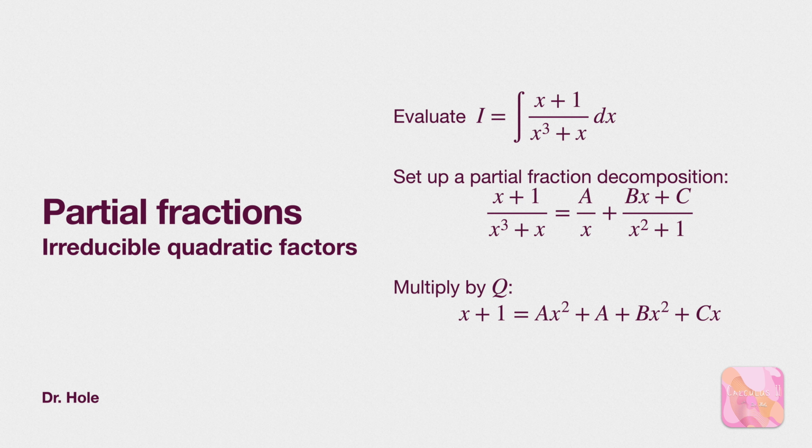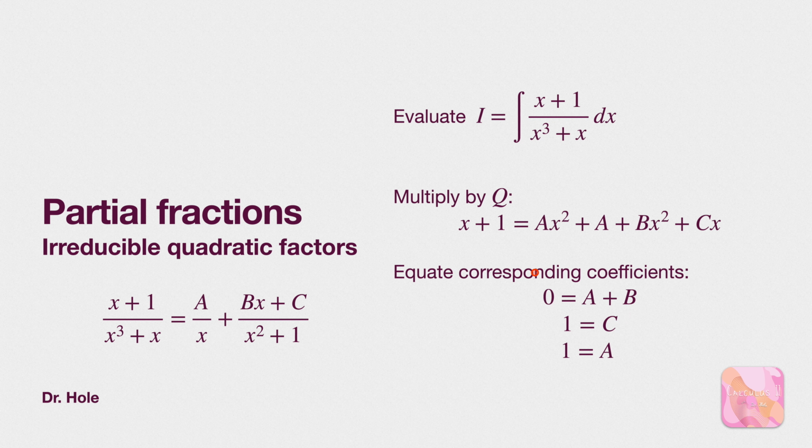If we equate corresponding coefficients, on the right-hand side, we have quadratic terms with coefficients a and b. And on the left, the coefficient of x squared is 0. Linear terms on the right, we have c, and on the left, we have 1. And then constants from the left, we have 1, and on the right, we have a. Very nice. This has produced the value for a, the value for c, and with a equaling 1, b will equal negative 1.